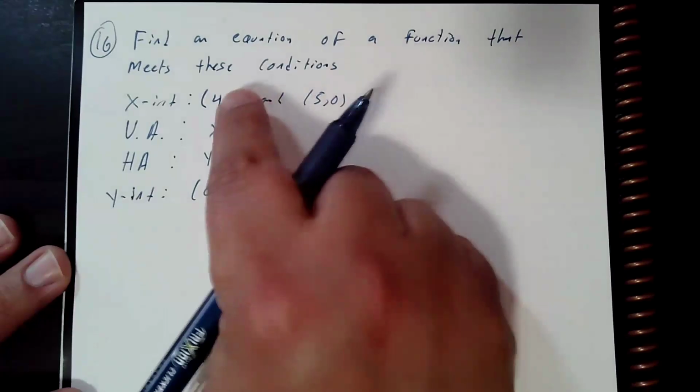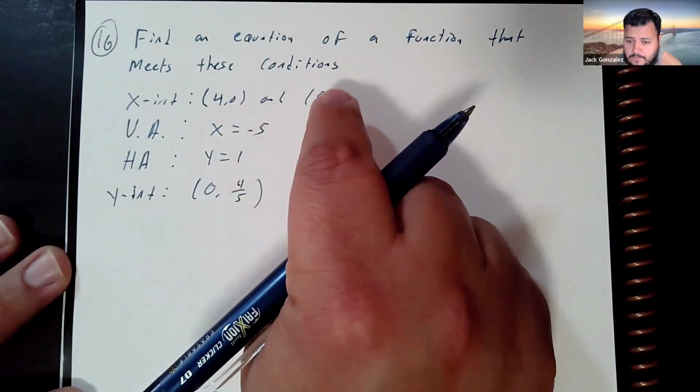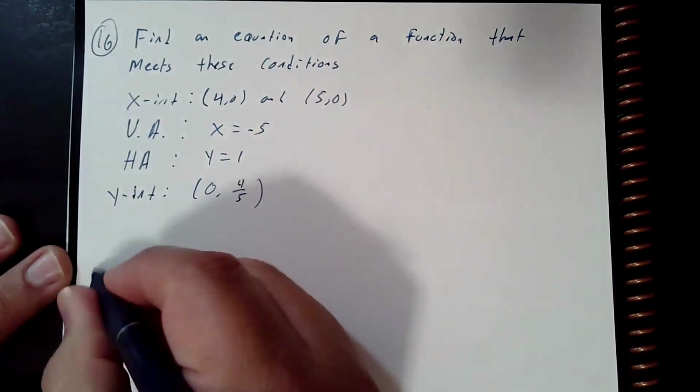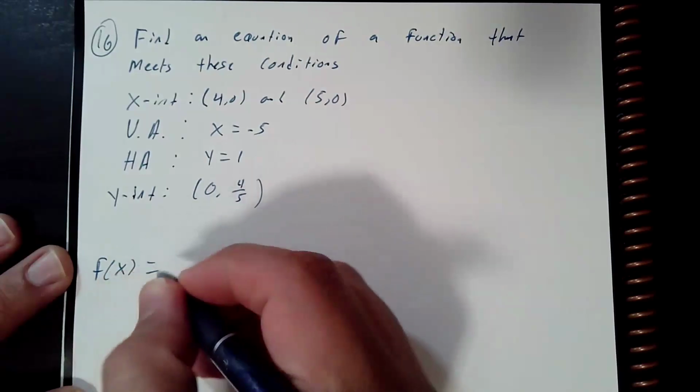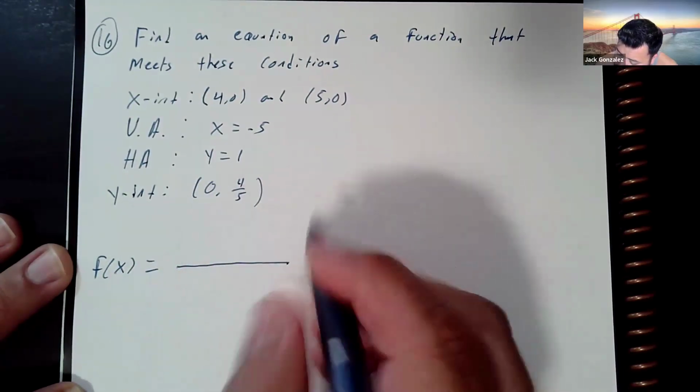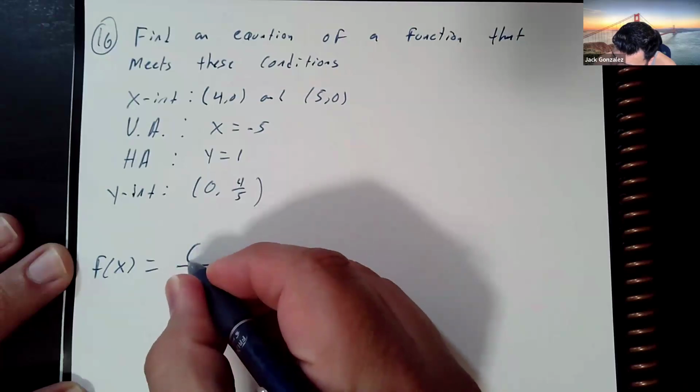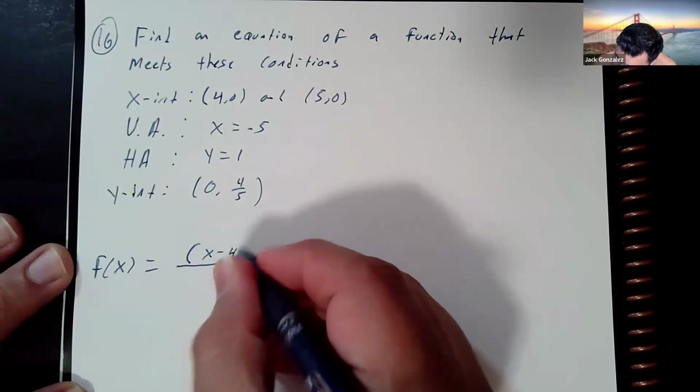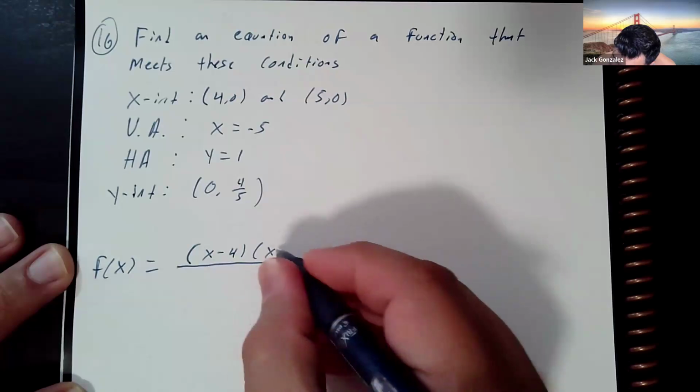All right, so these are zeros. That's the same as an intercept. So that means that at the very top, I need to have the factors that would make them 0. So I should have x minus 4, x minus 5 on top.